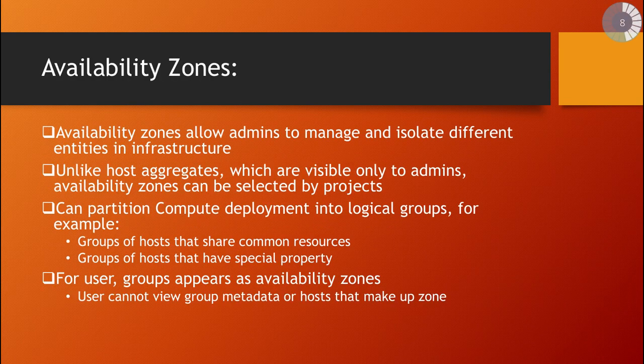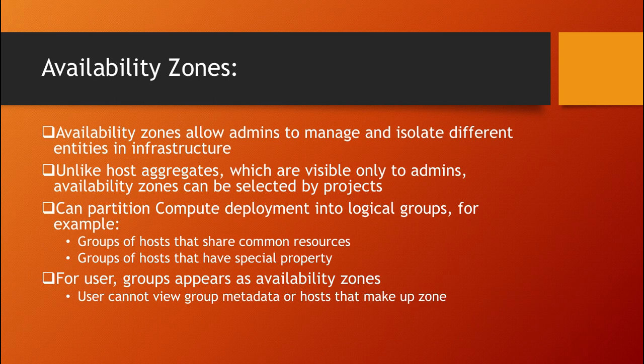Then you have the term called availability zones inside your compute. Availability zones allow the admin to manage and isolate defined entities in the infrastructure. So suppose you have instances running the database, you can put them into one availability zone, then you can have your application servers running in another availability zone.